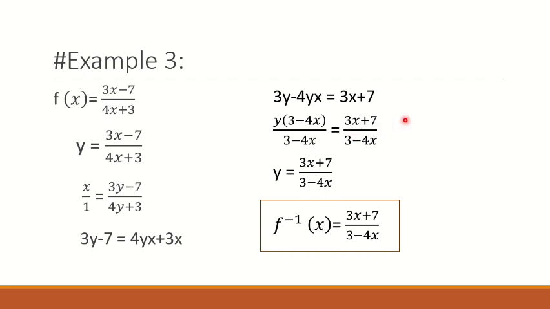And then you need to divide both sides by 3 minus 4x, and cancel out 3 minus 4x and 3 minus 4x, and the remaining will be y equals (3x plus 7) over (3 minus 4x). So our final answer will be the inverse function of x equals (3x plus 7) over (3 minus 4x).